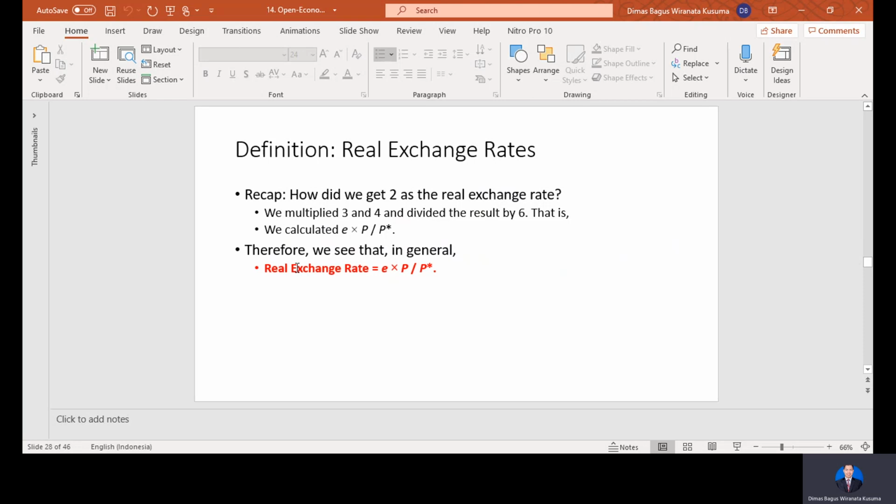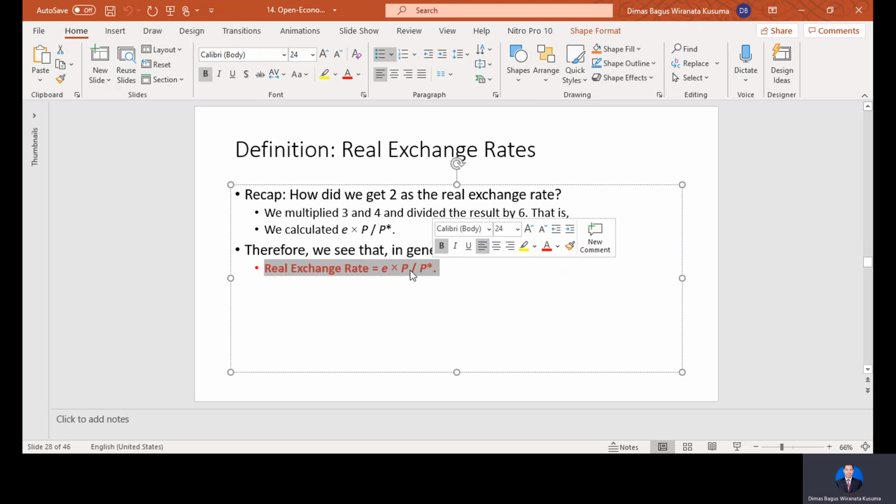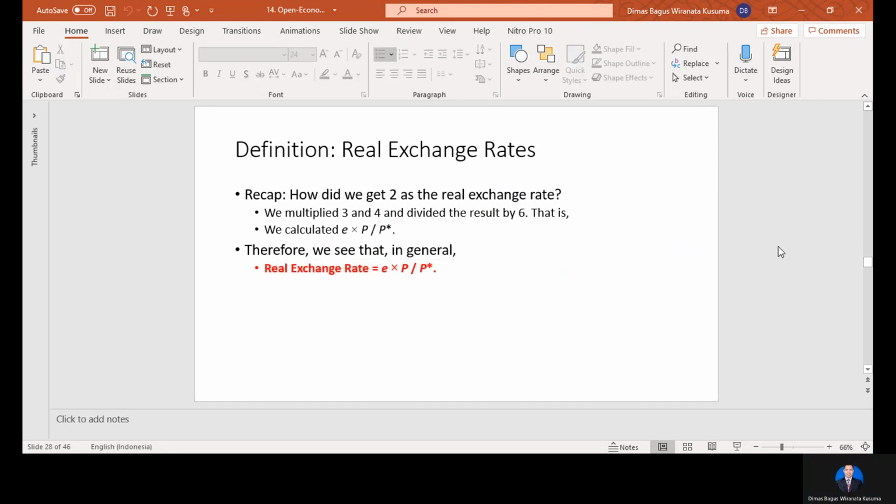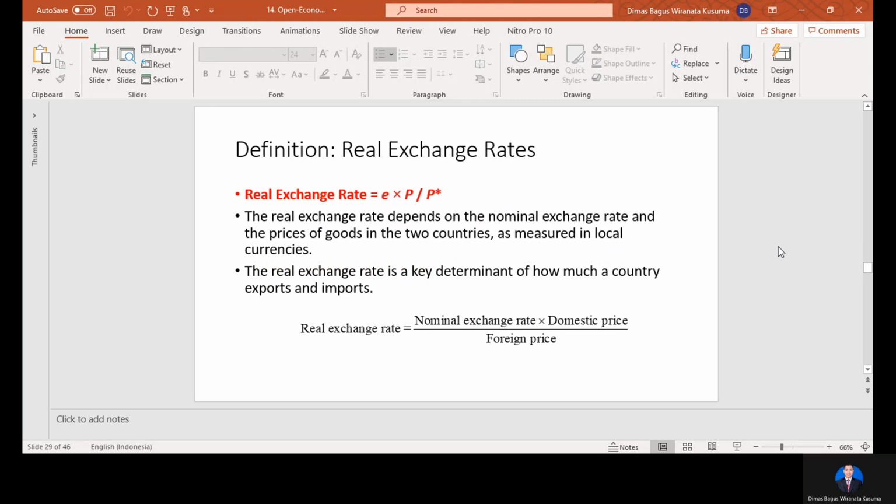This is the formula for the real exchange rate: the domestic price P times E, over the foreign price P star. The real exchange rate is E times P over P star. The real exchange rate depends on the nominal exchange rate and the price of goods in two countries as measured in local currencies.